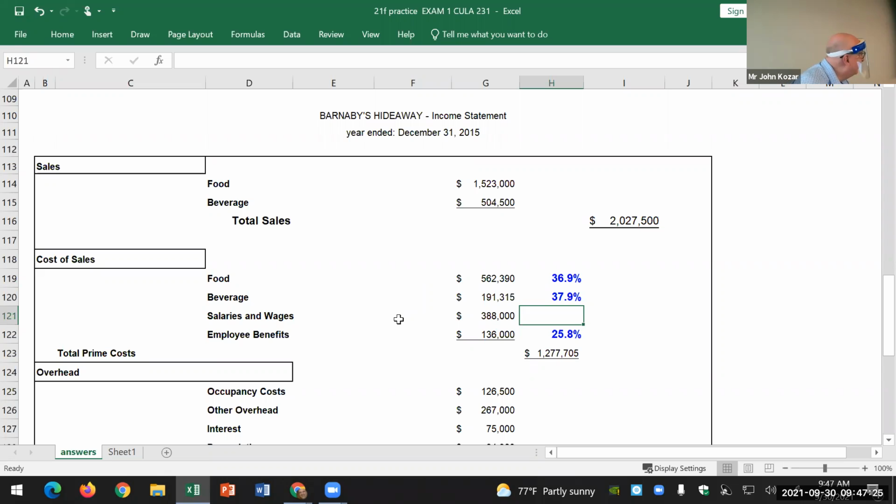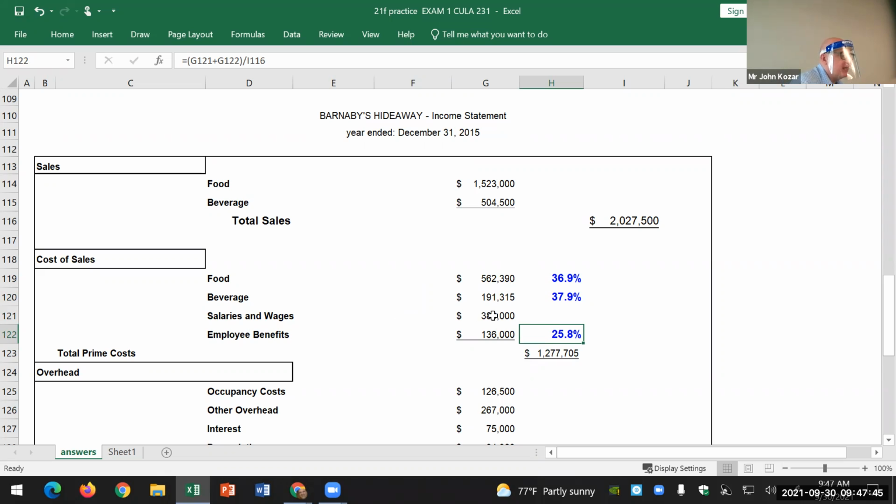Yeah, you definitely want it lower. You want it closer to this number or lower. So if this were my business, I'd start looking at what's going on with the beverages.